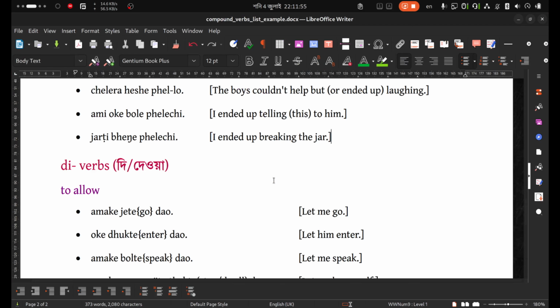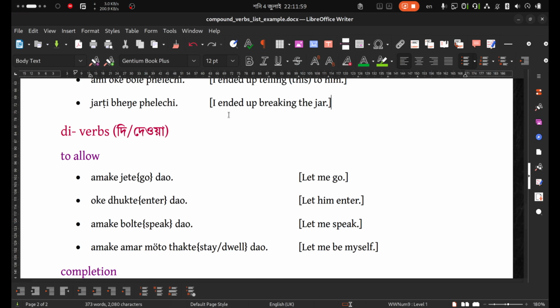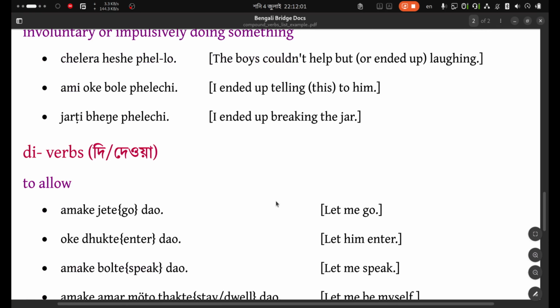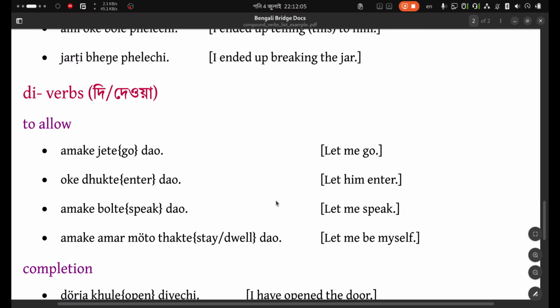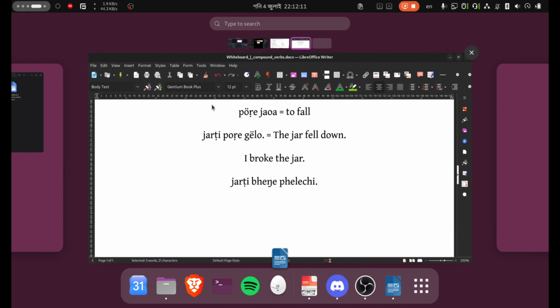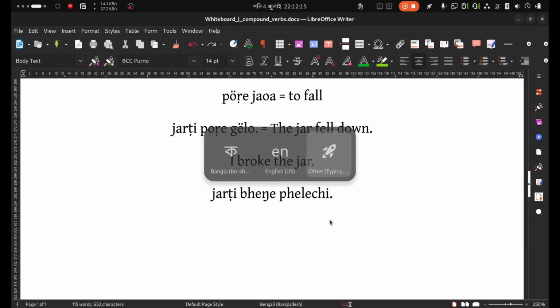Okay, let's move on to the next verb. The next one is di. The root is di, and the verb is dawa. Dawa means to give, to provide. Let me write it.